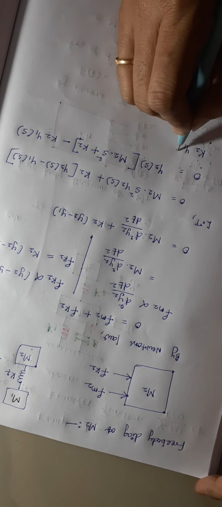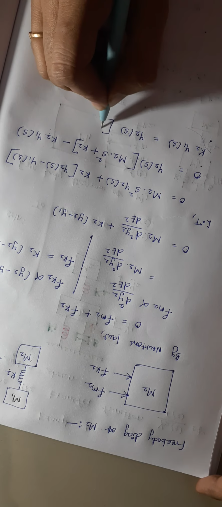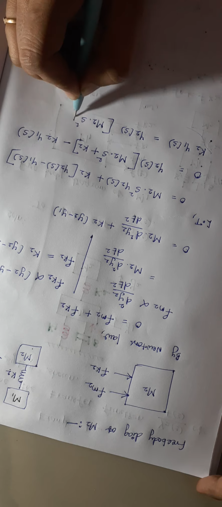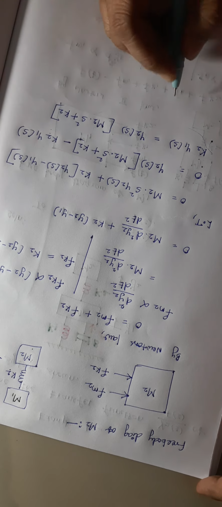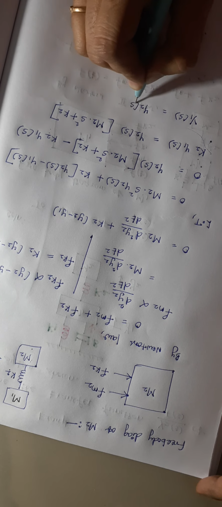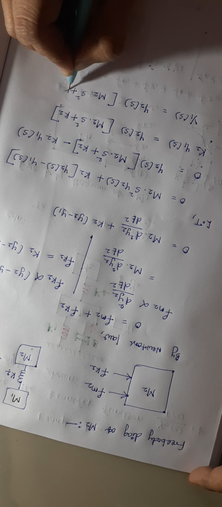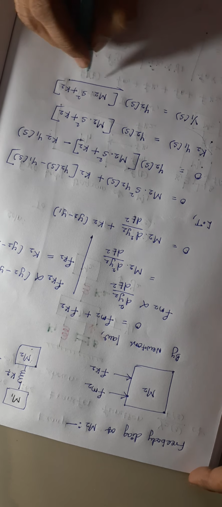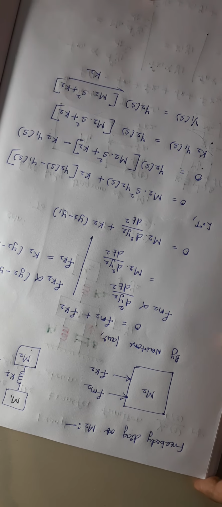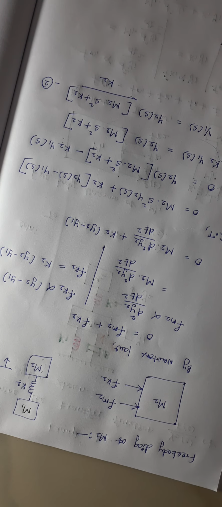So k2 into y1 of s is equal to y2 of s into m2 s square plus k2. So now y1 of s can be written as y2 of s into m2 s square plus k2 divided by k2. Okay, now name this expression as number 2.